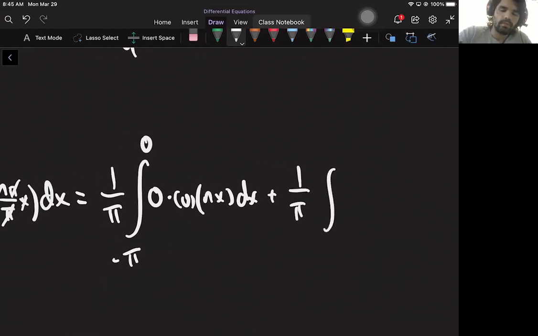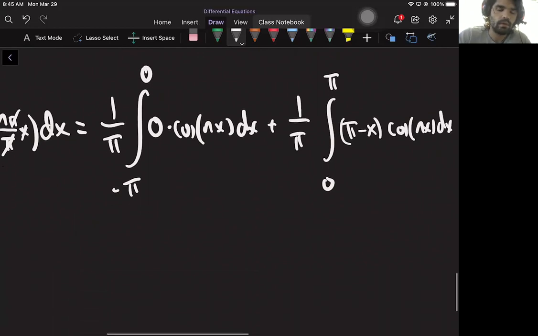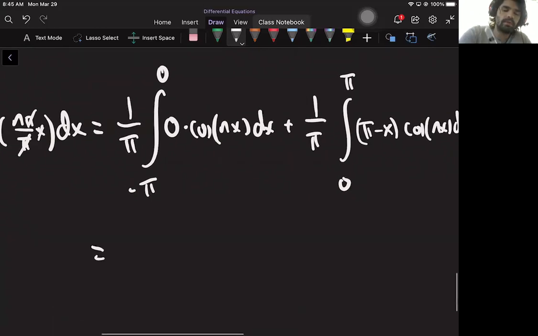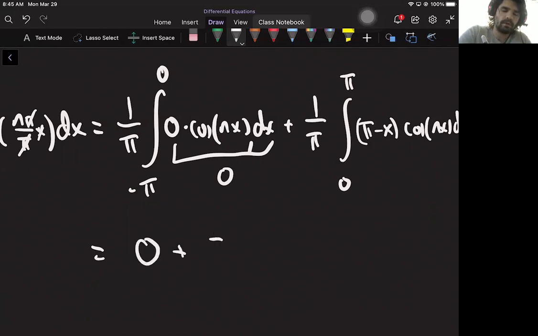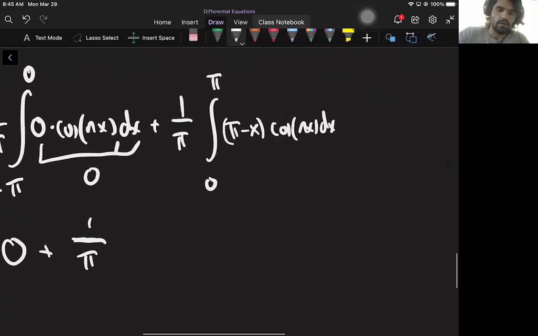And then from 0 to pi, it's this pi minus x function instead. And same as before, this is just going to be 0, since 0 times something is 0. So when you integrate 0, the area under 0 is just going to be 0. So we're not going to have to worry about that part at all, and just do this.